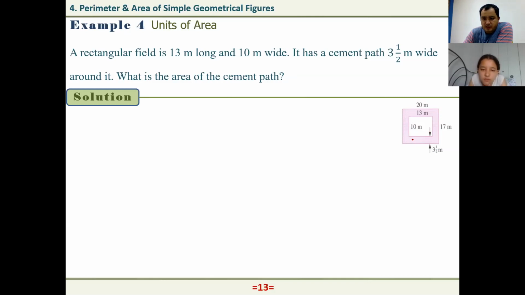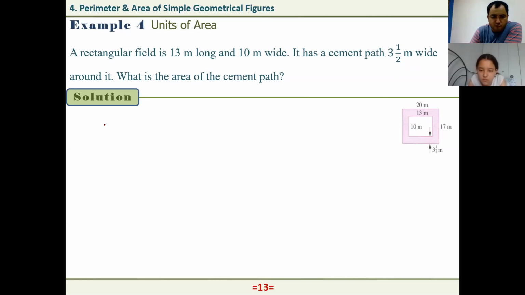So it's a cement path. The length of this small rectangle is 13 meters and its width 10 meters. And how about the big one? That is 20, right?